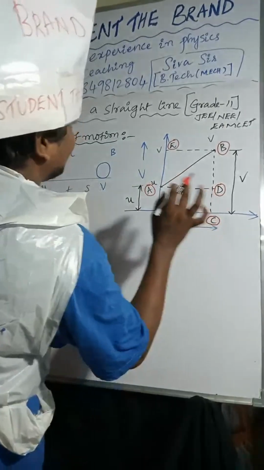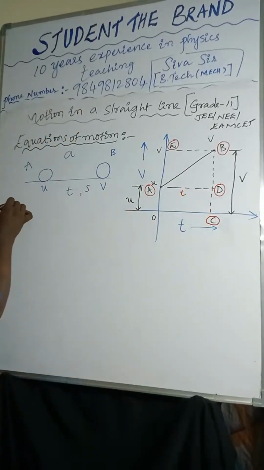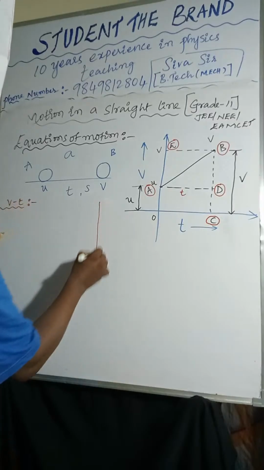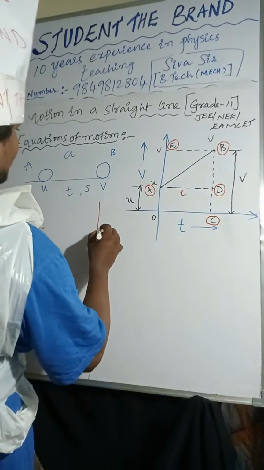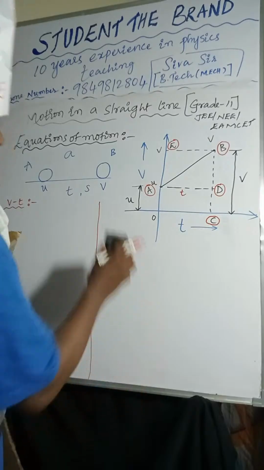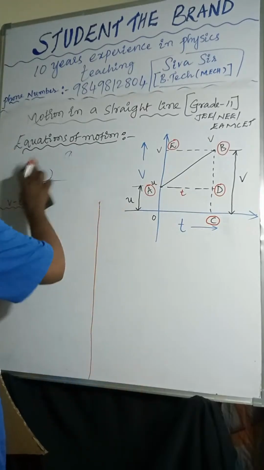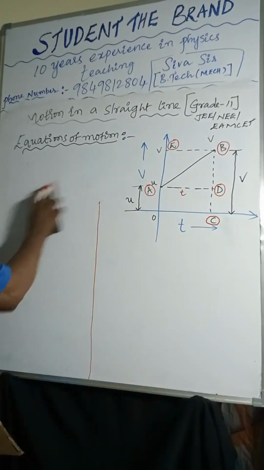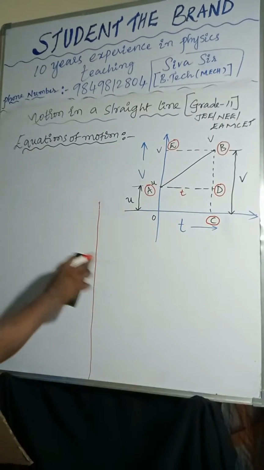Now, the velocity time graph. Observe, I'm explaining a very important concept. This scenario is over, so I'm removing this one. Take the same case, once again I will draw.